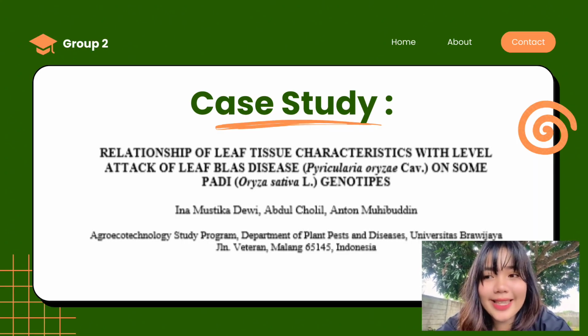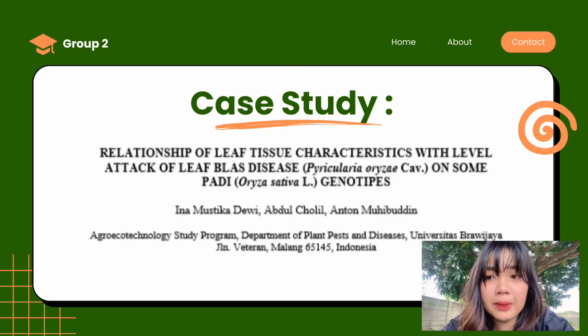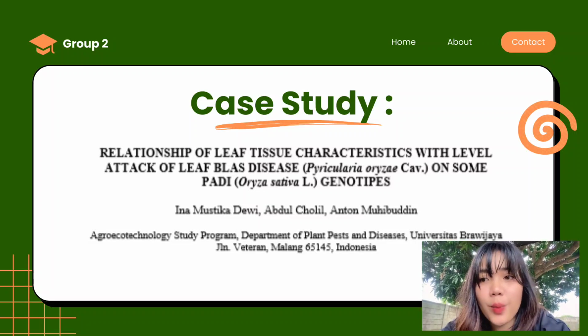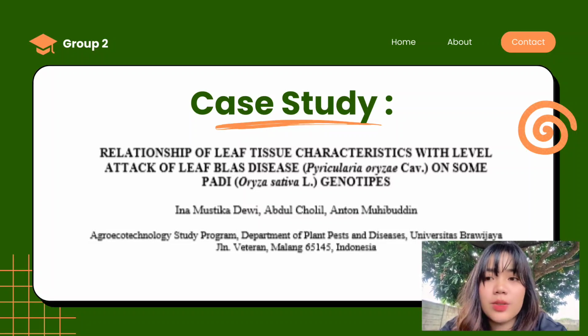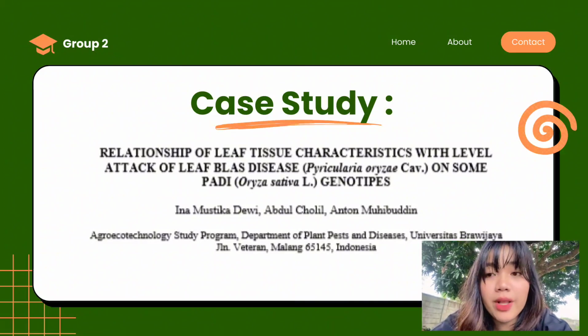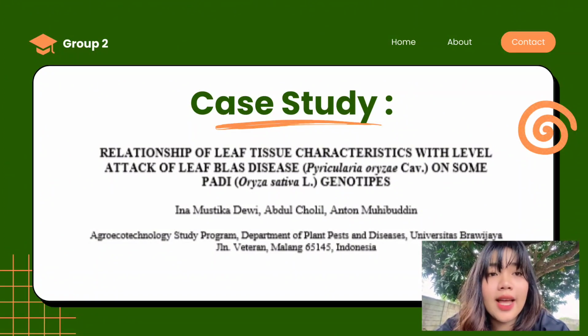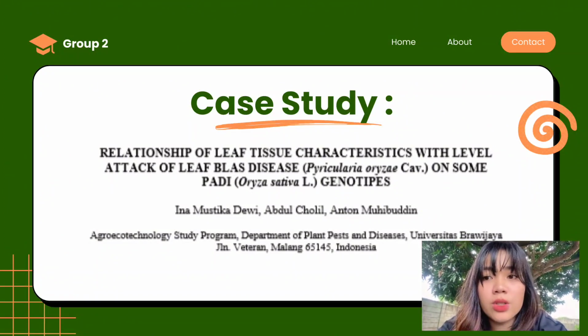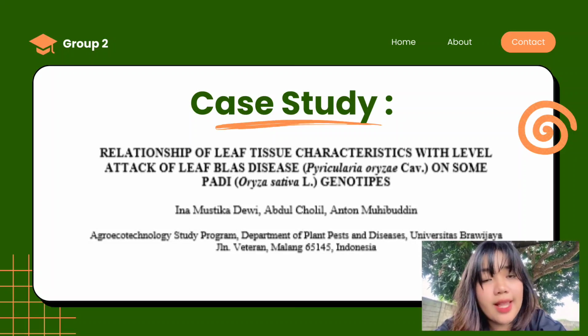So the case study is the relationship of leaf tissue characteristics with the leaf attack of leaf blast disease, in scientific terms Pyricularia oryzae Cavara, on Oryza sativa L. genotypes.